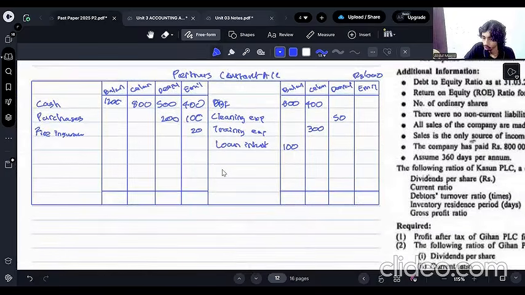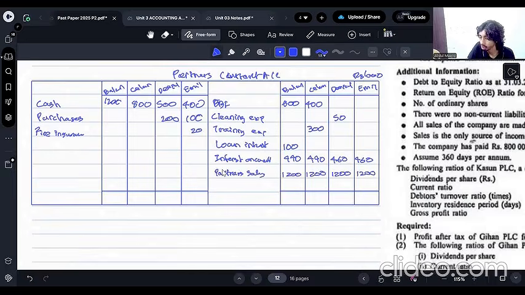Okay. Interest on capital was 440, 440, 460, 460. Then you had partner salary 1,200, 1,200, 1,200, 1,200.